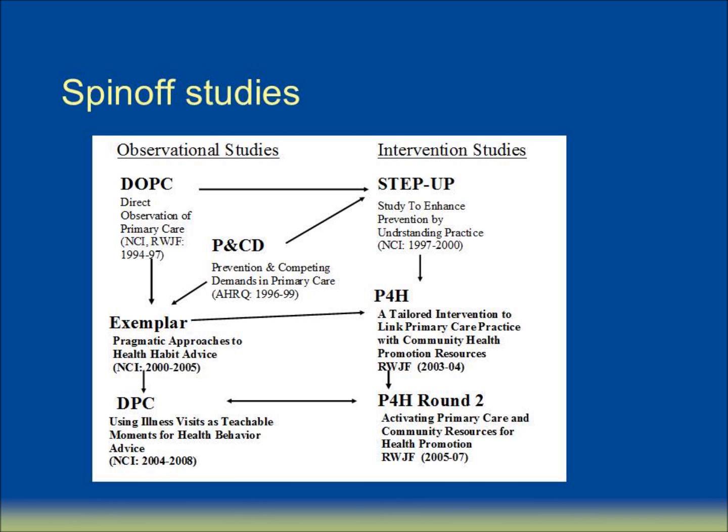The example that Sue used from this line of inquiry was when we had this clinical trial called Step Up. We did this intervention to try to improve preventive service delivery in practice. And statistically, on average, there was a fairly dramatic improvement in the rate at which doctors delivered preventive services to patients. But if you do a histogram of the rate of improvement, there's a large amount of variability.